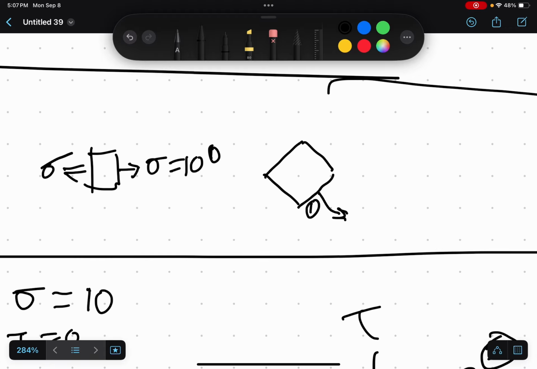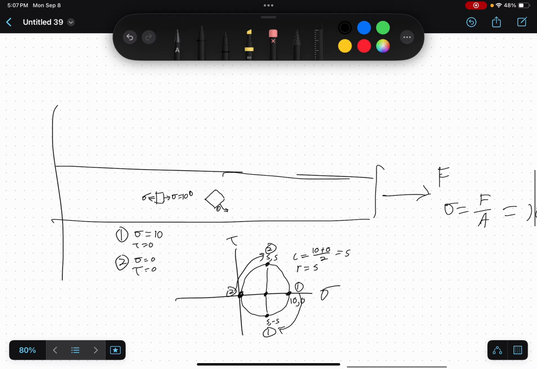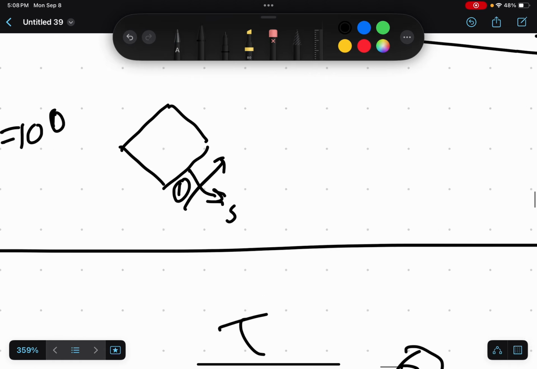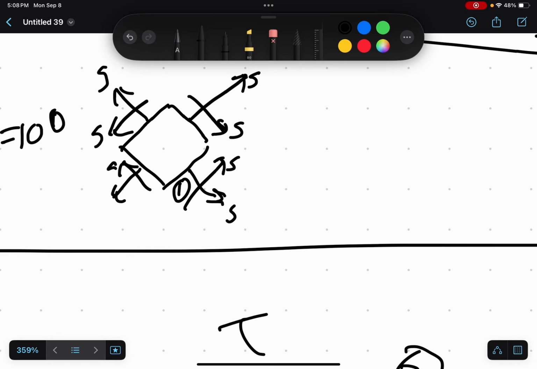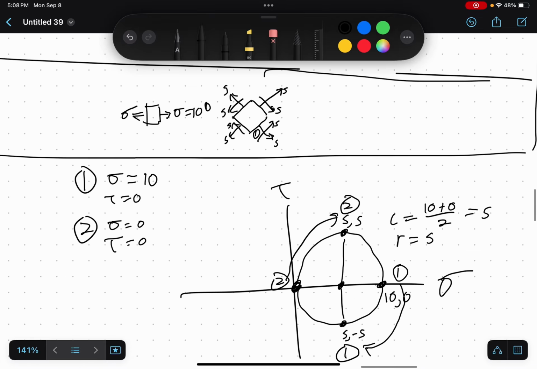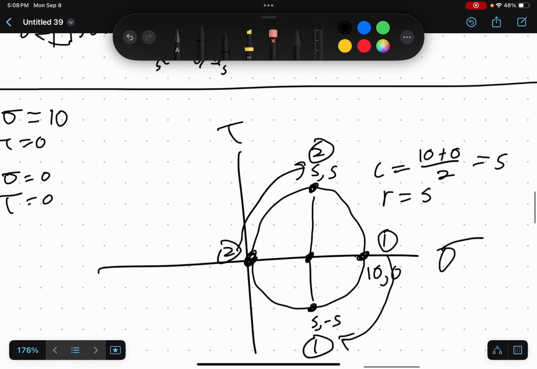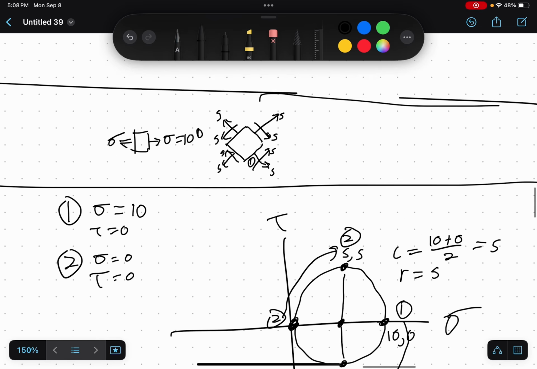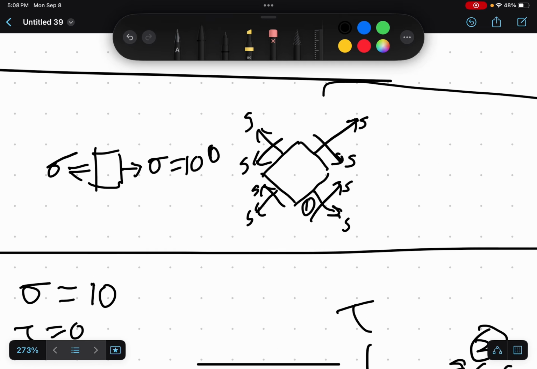So we get 5 and 5, and then up here we get 5 and 5 as well. And to draw it out completely, 5, 5, 5, 5. Cool. So whatever you do to the Mohr circle, however much you rotate it, you have to divide the angle by 2 when you're rotating the stress element.